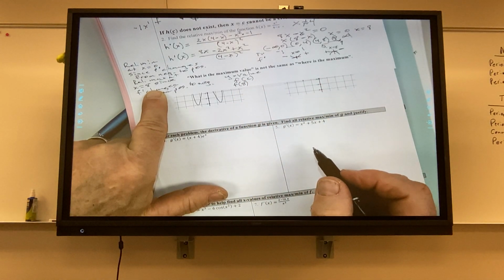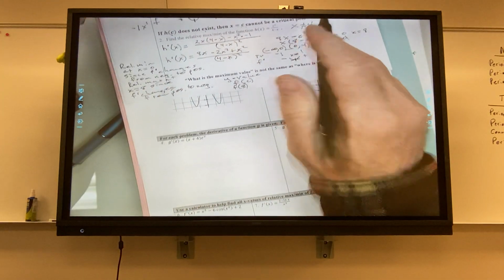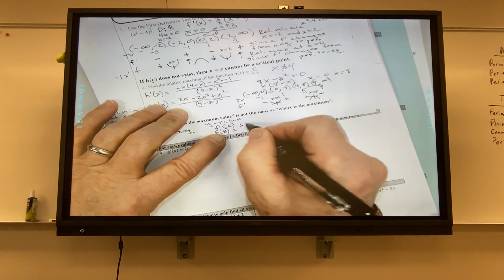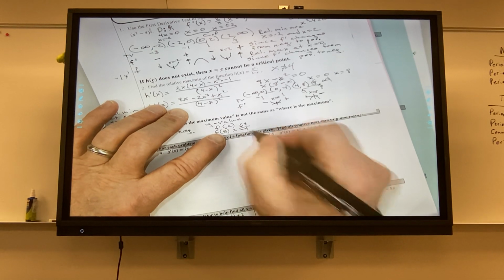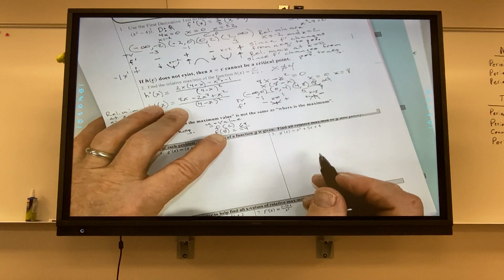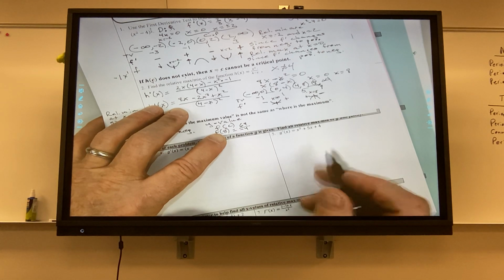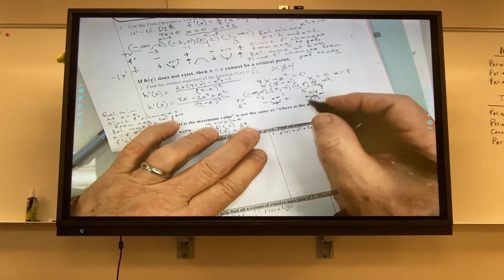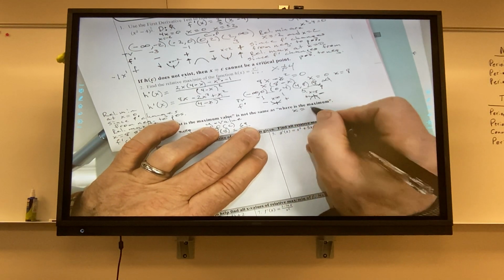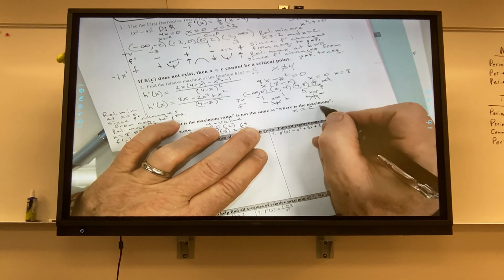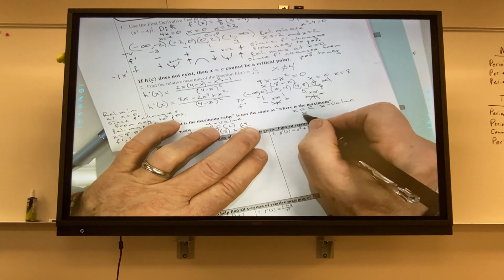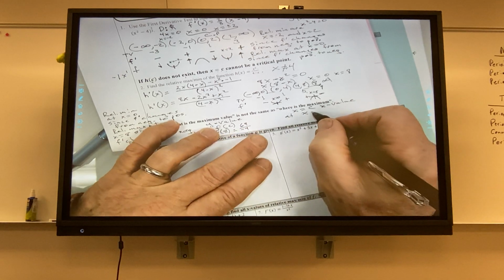I would have put that into here and got 64 over a negative 4. And this is where x equals c. Where is the maximum? This is an x value. This would be at x equals 8.